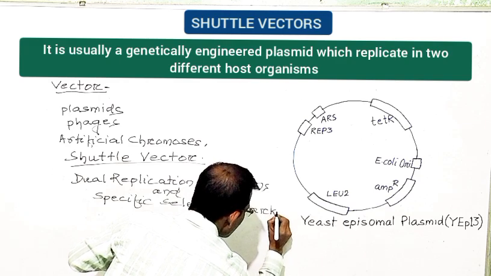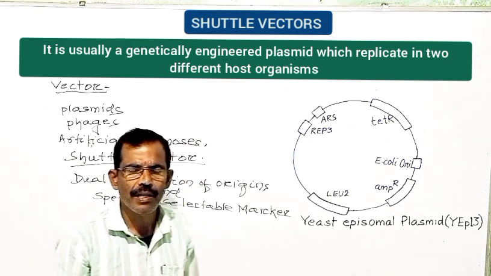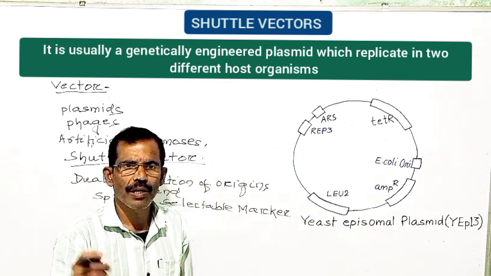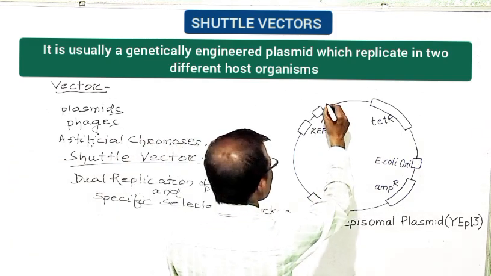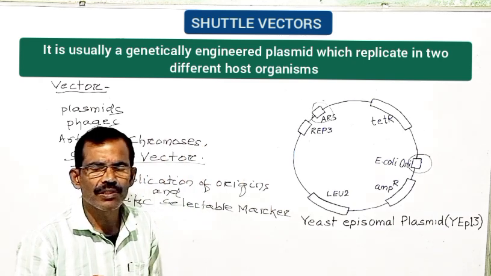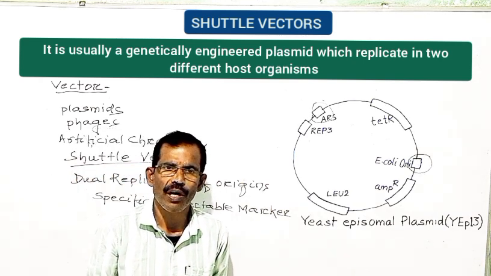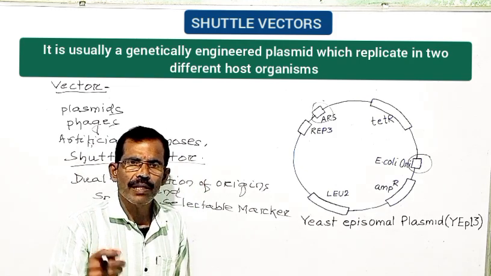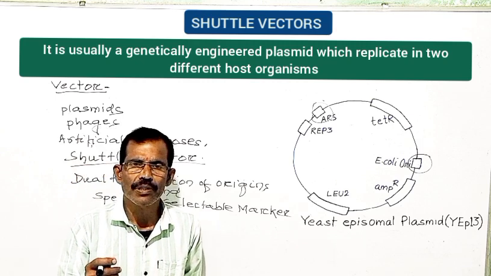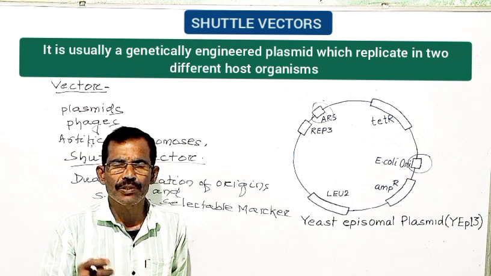DNA inserted into a shuttle vector can be manipulated and tested in two different cell types. A shuttle vector should contain at least two origins of replication and suitable marker genes for replication and selection in two different host organisms. Shuttle vectors include plasmids which can replicate in a prokaryote such as E. coli and a eukaryote such as yeast.